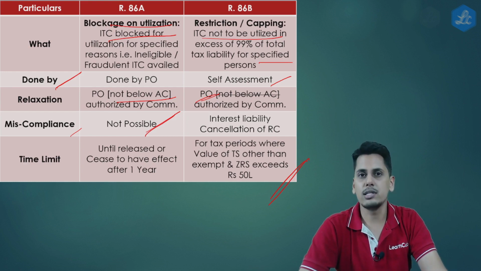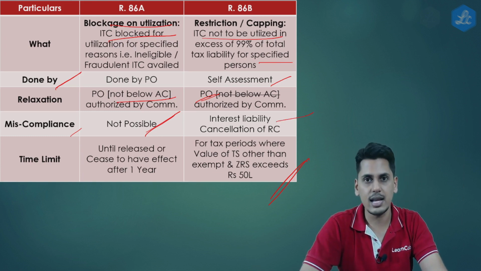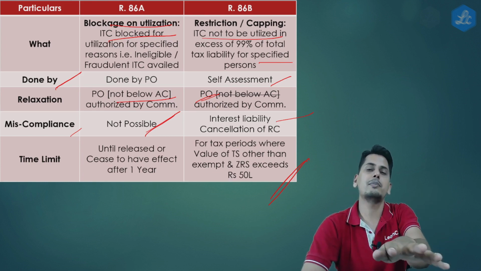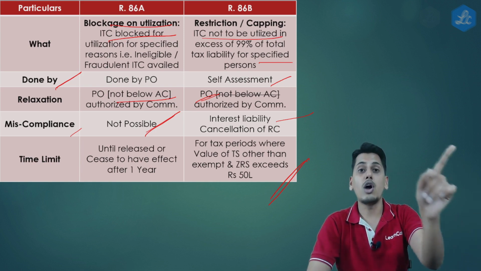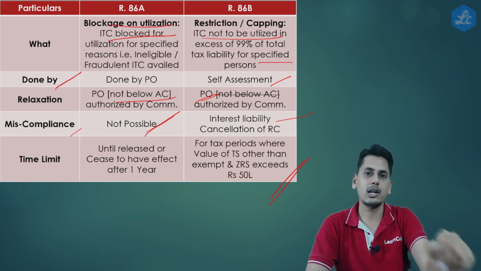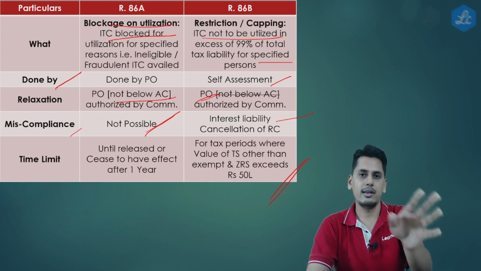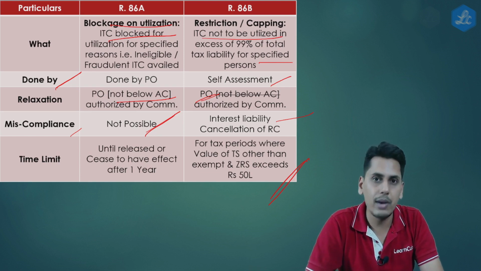What is the consequence of miscompliance? One, you will have an interest liability because you have not discharged the liability from the electronic cash ledger, assuming you have paid the entire 100% through your electronic credit ledger. Suppose you have miscomplied and you receive a notice asking that you need to comply with 86B.